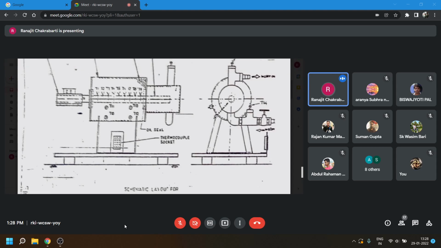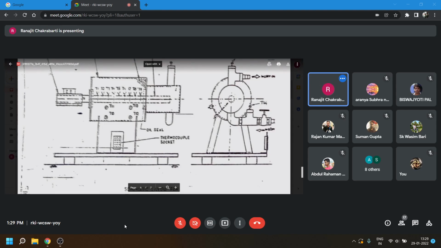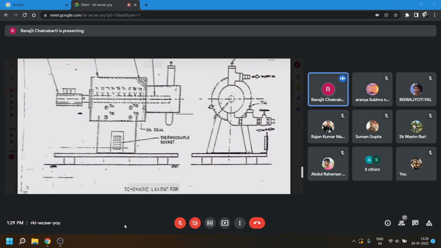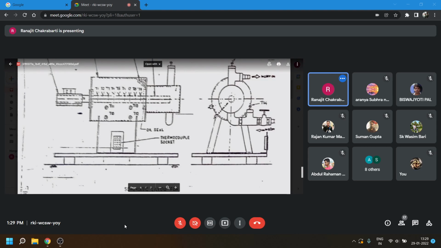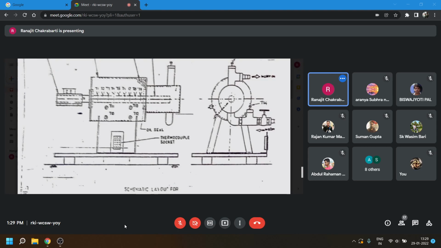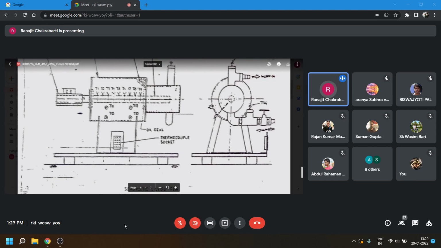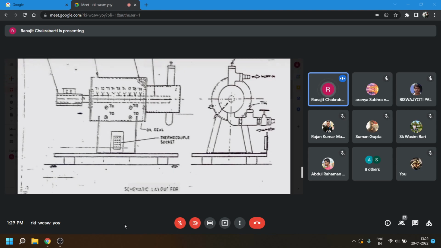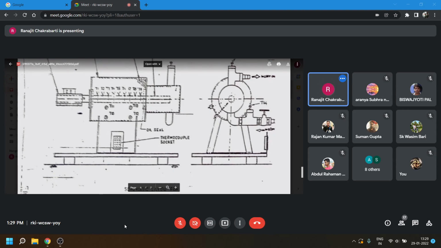This diameter represents this diameter, and this outer diameter is regarding this shell. If you look from the side, one circle is for this, another circle is for this.